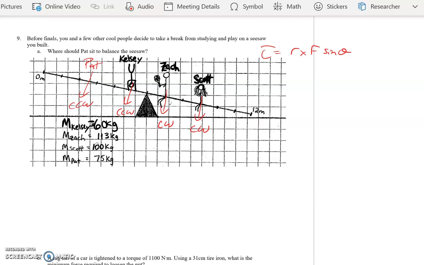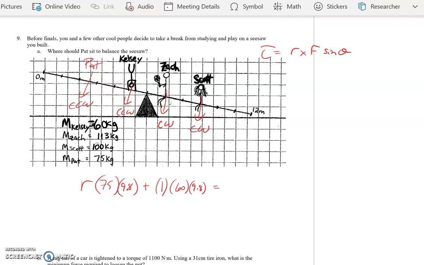So Pat's mass is 75. His R you don't know, but his force would be 75 times 9.8. Add that to Kelsey's torque. Her distance from the fulcrum is 1 meter times mass 60 times 9.8.